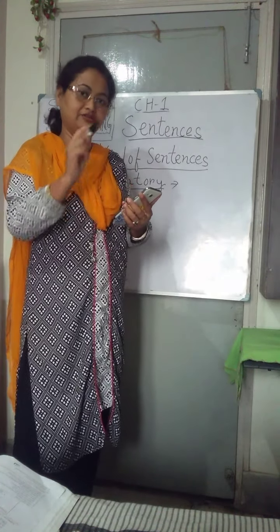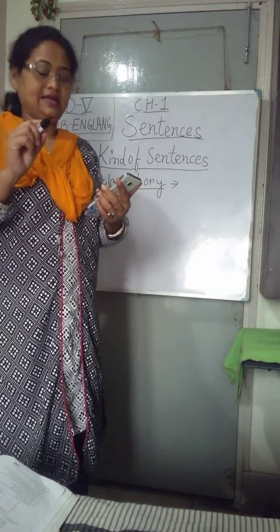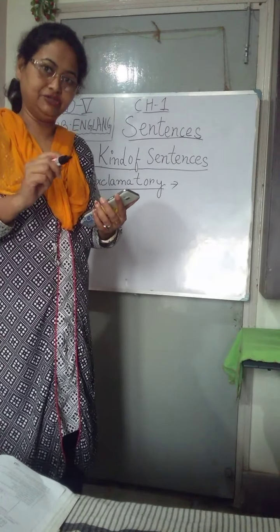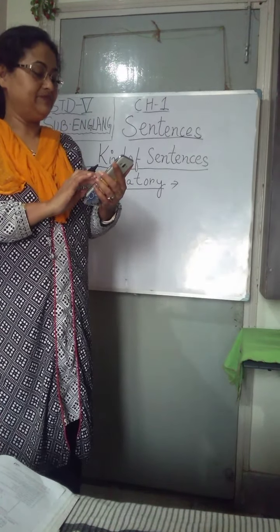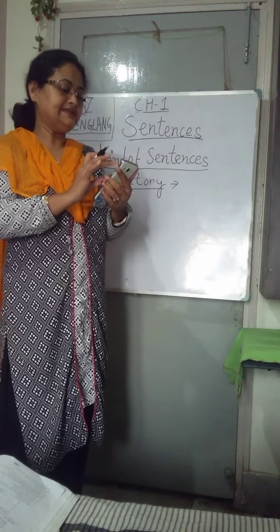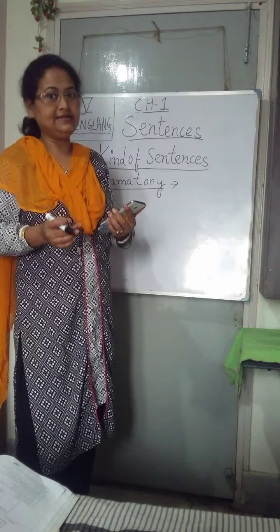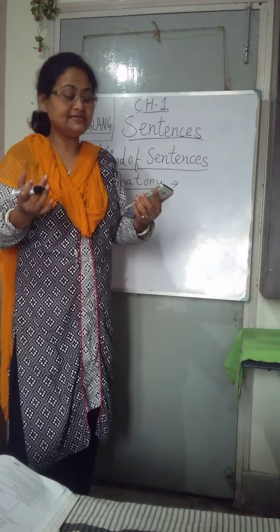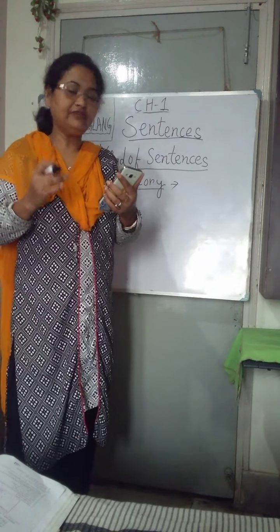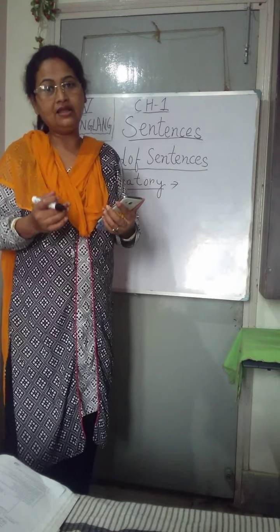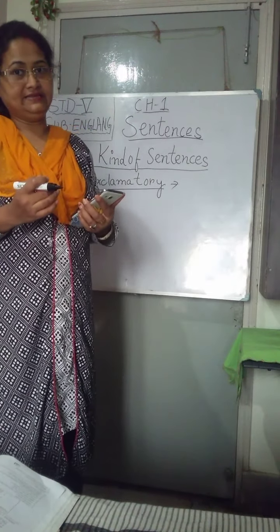So the definition of this also is given in your book. You write down. Now you can underline with the pencil, as you are carrying a pencil with you. It is given on page number 2. See, a sentence that expresses a strong feeling is called an exclamatory sentence.